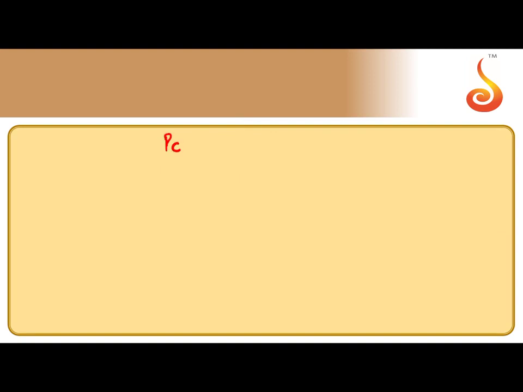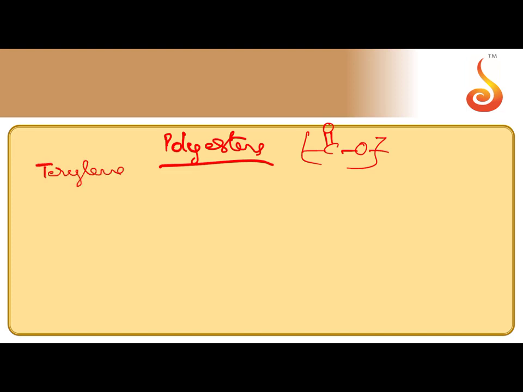Coming to condensation polymers, these are of two types, polyesters. Two monomers are linked with each other through an ester bond. Example, terylene or Dacron. So you observe how to write the repeating unit.